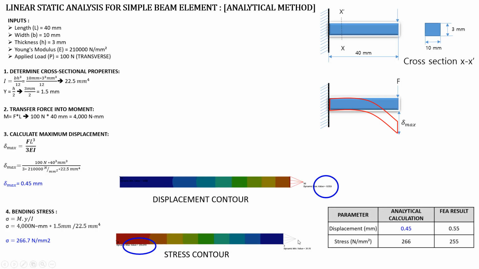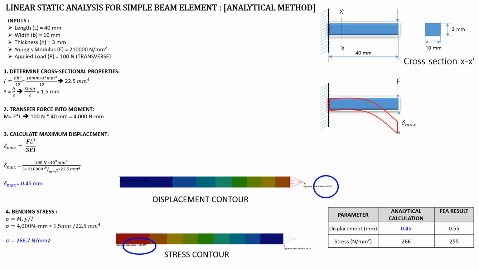So in summary, we are comparing both the analytical and the FEA results. The displacement value in the FEA is 0.1 mm higher than the analytical value, and the stress value is 10 megapascal lesser than the analytical result.